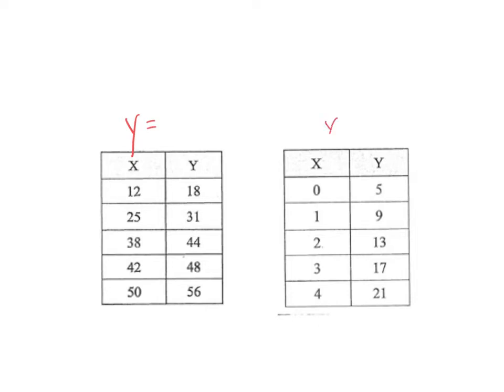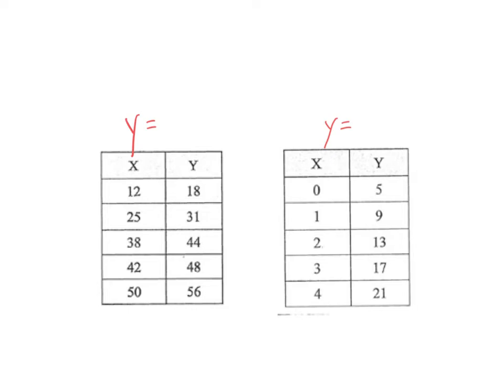So anytime I give you an input-output table and I ask you to write an equation, you know for sure you're going to start that equation with y equals. Both of these, I've already got it up there. I know that's the form my equation needs to be in.